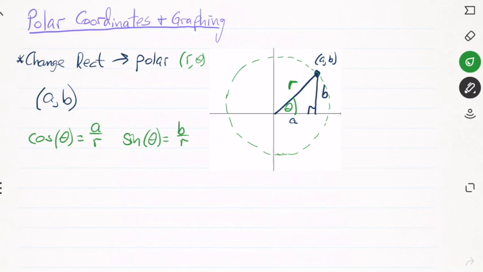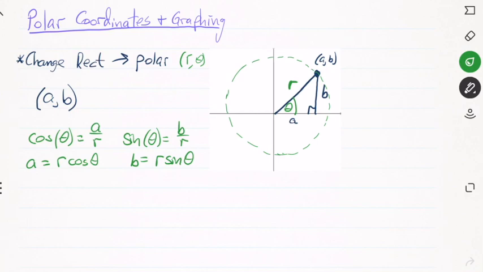All right, so if we solve for a, we would get a is equal to r cosine of theta. So the x-coordinate of our point is going to be r cosine theta, and b, being the y-coordinate, would be r sine of theta. And this looks really familiar to the coordinates of a unit circle, where the x-coordinate is cosine and the y-coordinate is sine.